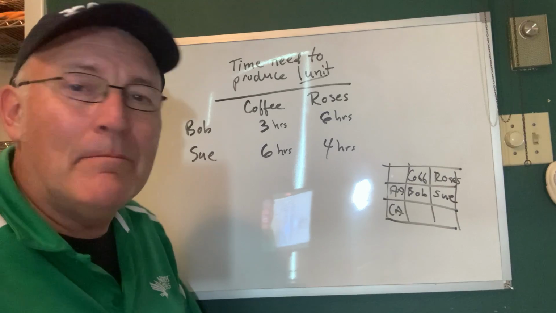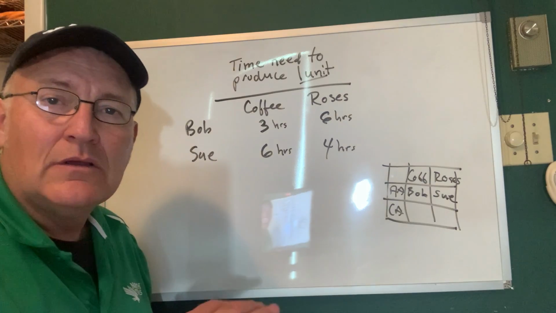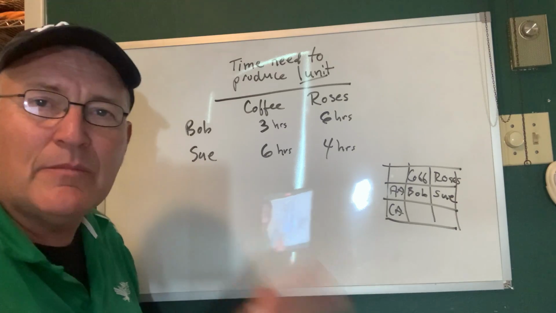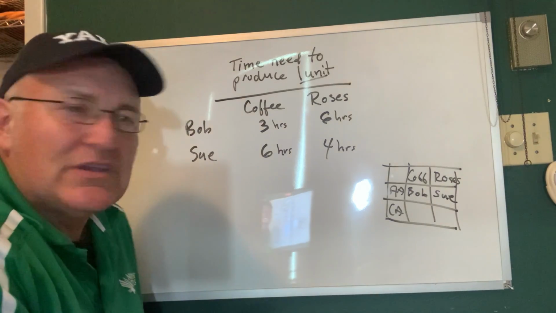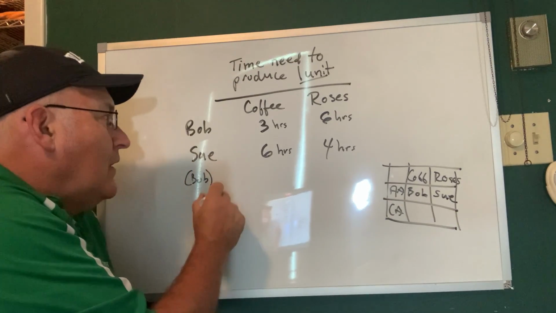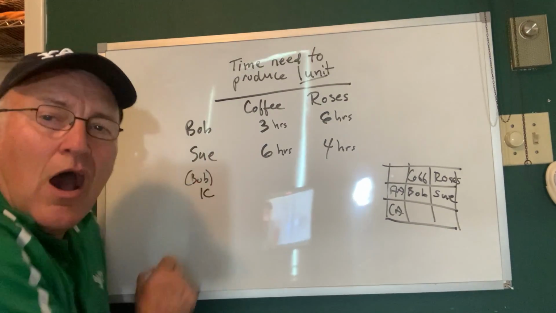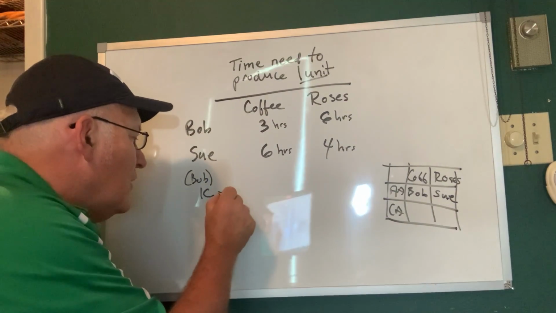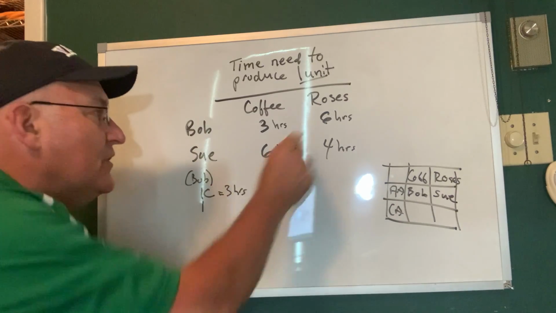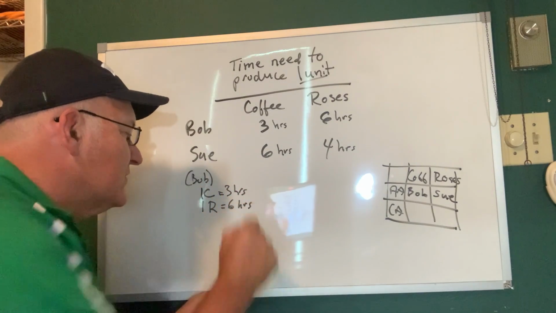Now, what about comparative advantage? What we have to do is figure out the comparative advantage, but all we're going to do is translate the time into units. So in Bob's case, it takes Bob 3 hours to make 1 unit of coffee, and it takes Bob 6 hours to make 1 unit of roses.